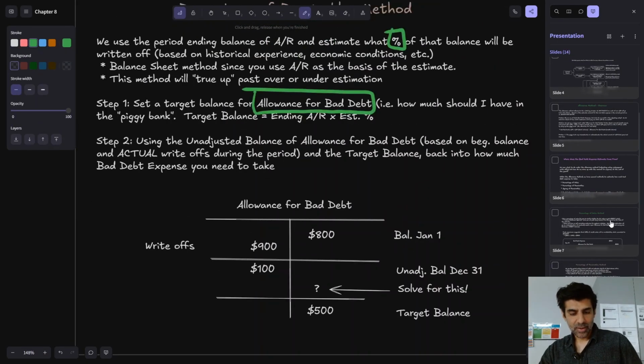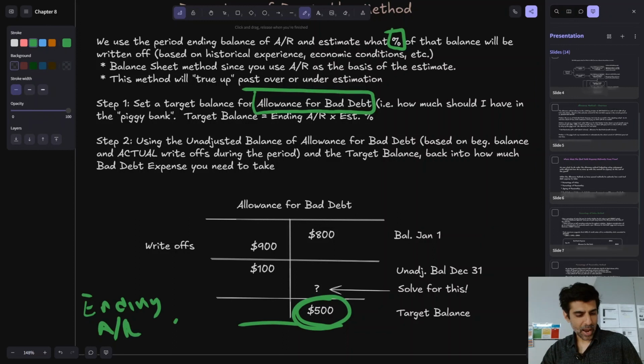Okay, so again, we're going to start with figuring out what this target balance should be. And this is going to be your ending AR balance times some percent estimate. So again, we start with the target balance.